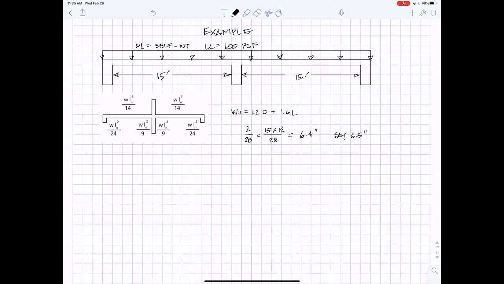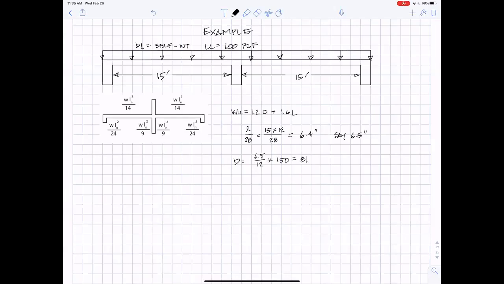That's a pretty good depth, and we'll try that. And so the dead load then, 6.5 divided by 12 feet times 150 pounds per cubic foot, and that comes out to 81.